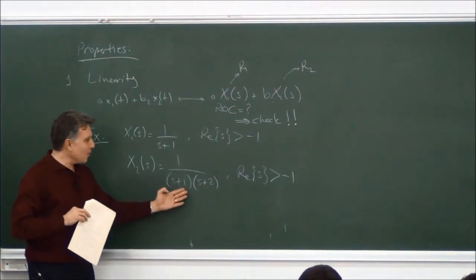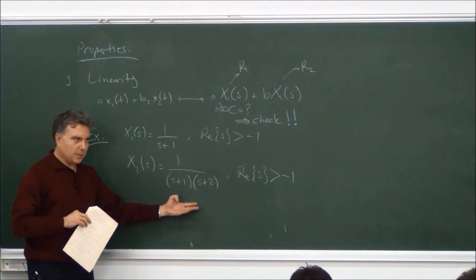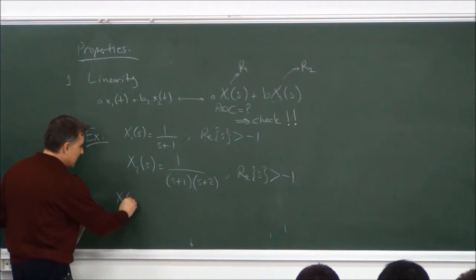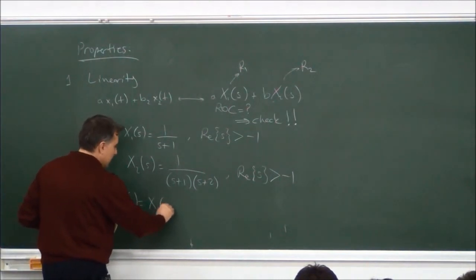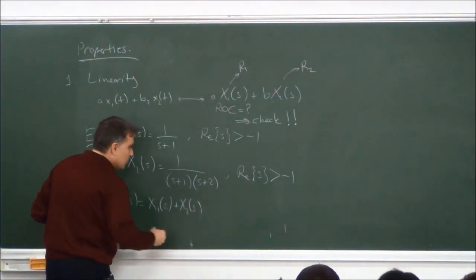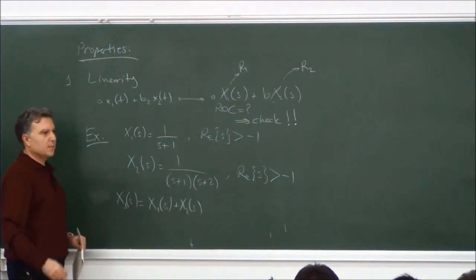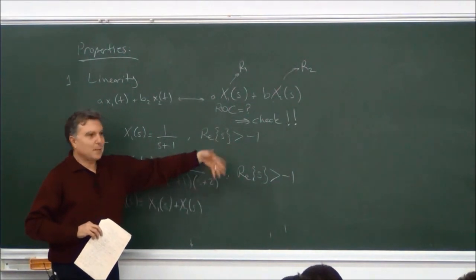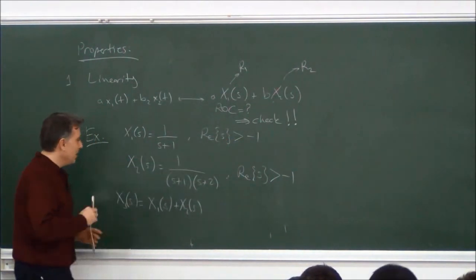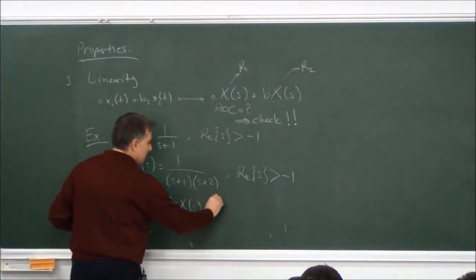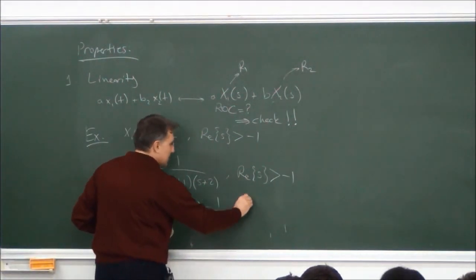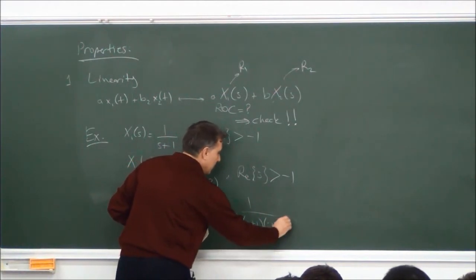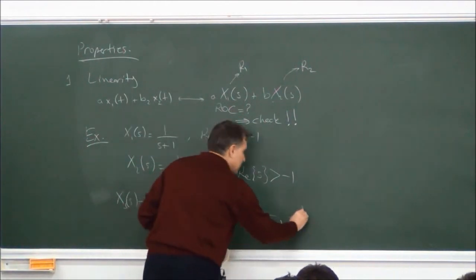So this one is also causal and stable. So what's the intersection? When you combine them, the new system x3 of S is equal to x1 of S plus x2 of S. So what's the region of convergence of x3 of S? What's the intersection of these two sets? It is greater than -1. That's the intersection. But what's going on when you combine them is 1 over S plus 1 plus 1 over S plus 1, S plus 2. And if you do the math, you will get 1 over S plus 2.